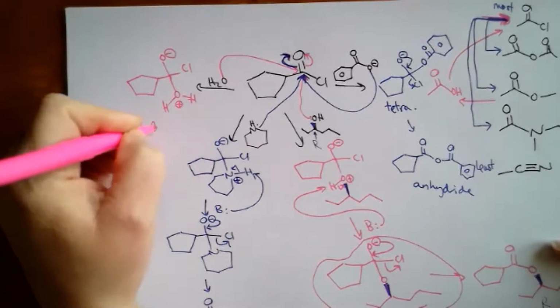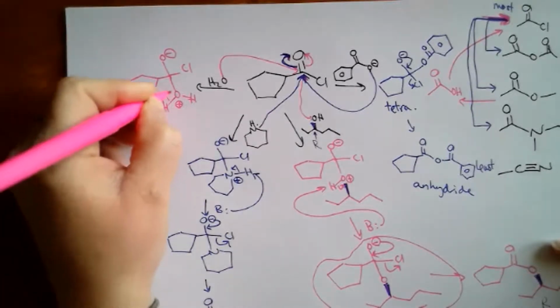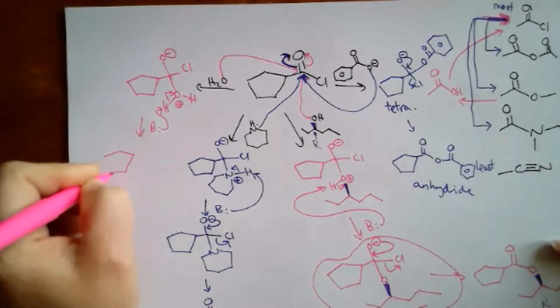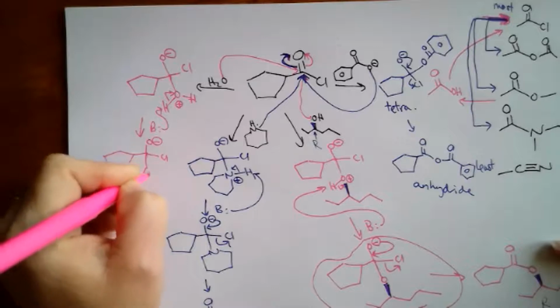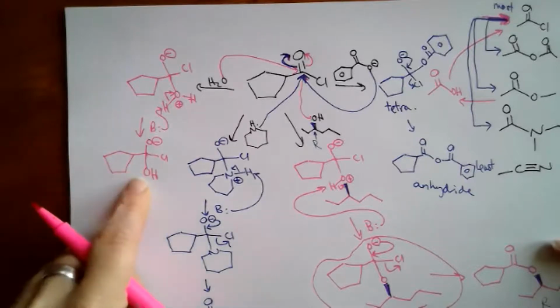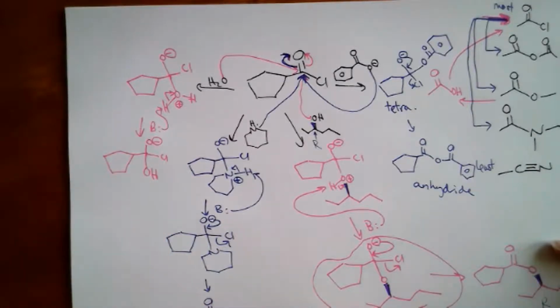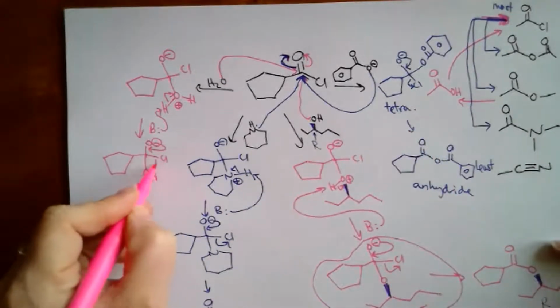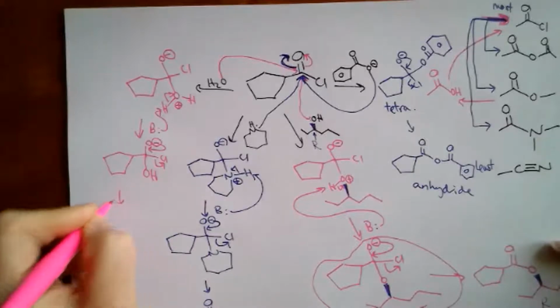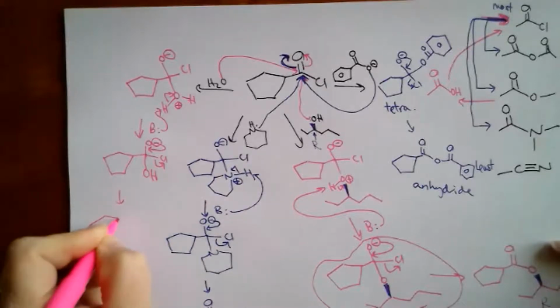This guy gets cleaned up by some base in solution. That's my tetrahedral intermediate that matches all my other tetrahedral intermediates. So I fold down and kick out my weakest base, my best leaving group.